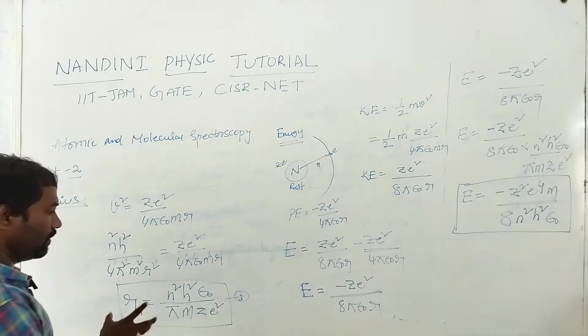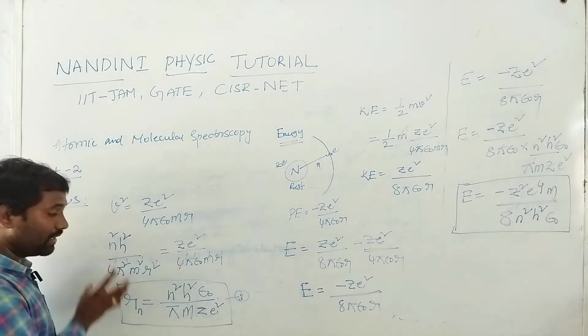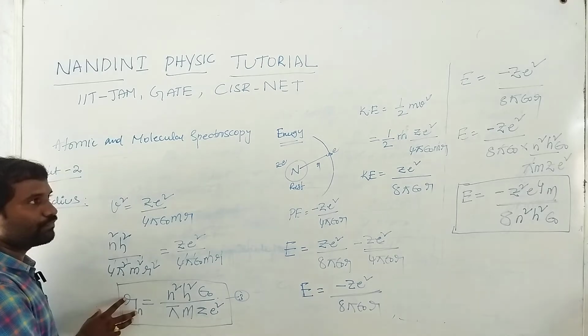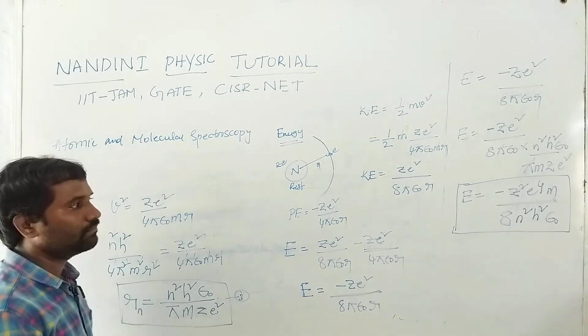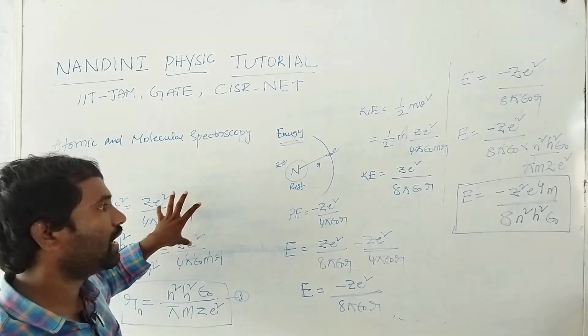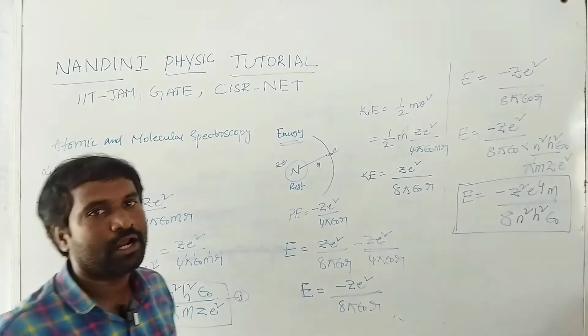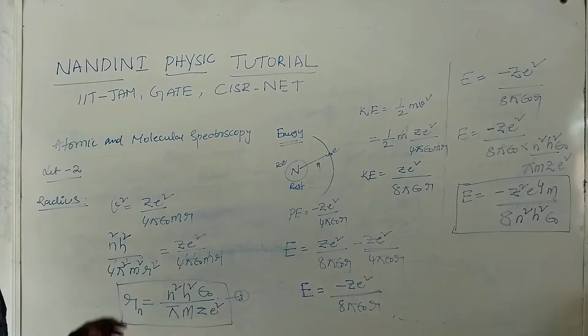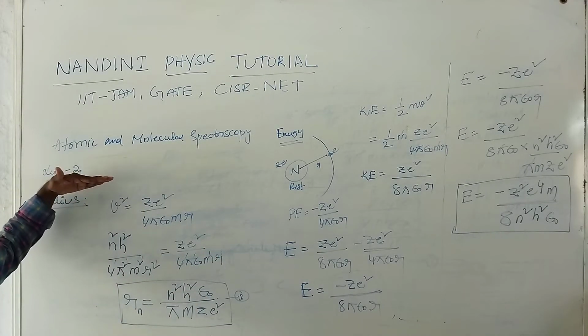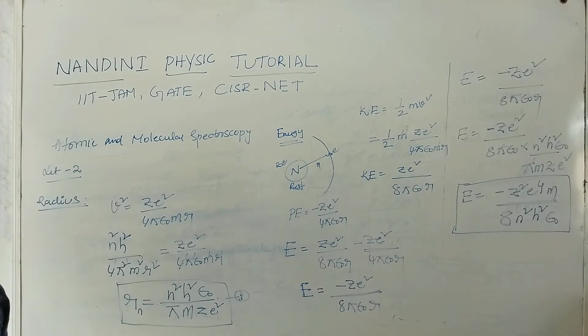First he calculated the radius of the hydrogen atom. After that he found out the velocity of that hydrogen atom. After that he found out the energy of the hydrogen atom. So these three equations are the applications of Bohr model to hydrogen and hydrogen-like atoms.